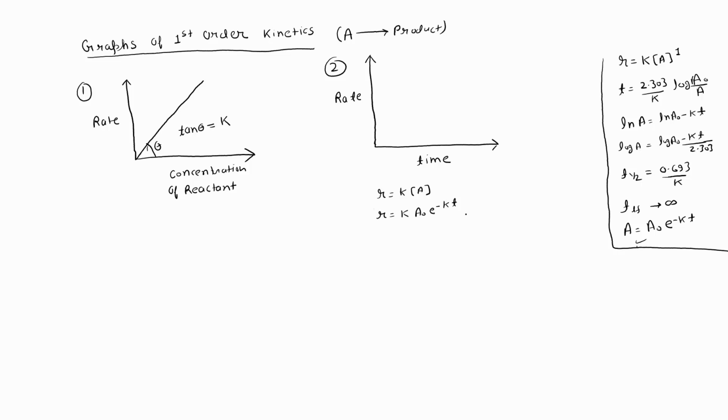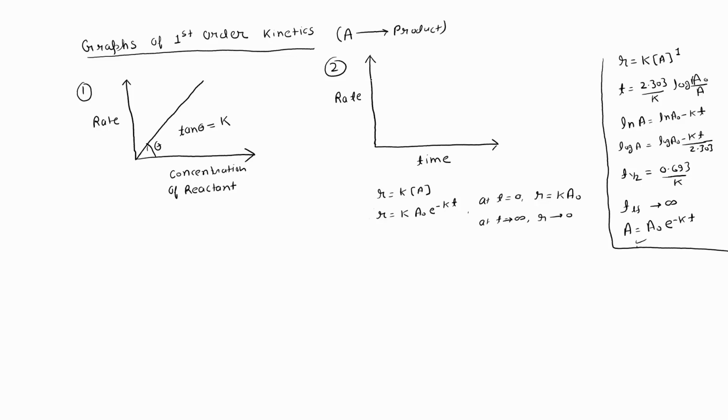And from this equation, at t equal to 0, e to the power 0 is 1, so rate is k a naught. And as t tends to infinity, e to the power minus infinity is 1 upon infinity, which is 0, so rate tends to 0.